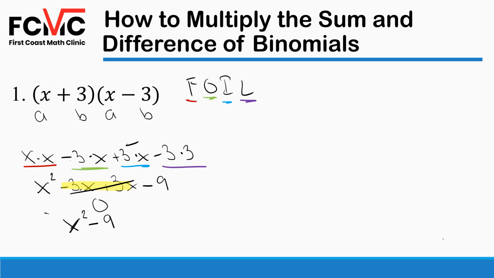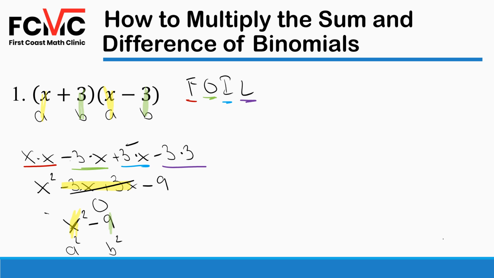Well, what can we do with this A value to get that first value? Well, we could just take that A value and square it. What can we do with our B value here to get that second value in our answer? Well, we could just take that B value and square it.